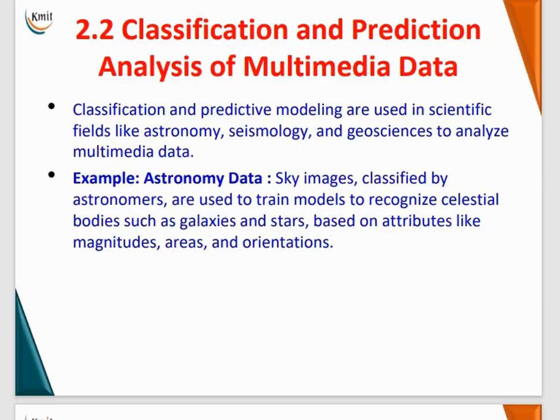Next is classification and prediction analysis of multimedia data. Classification and predictive modeling are used in scientific fields like astronomy, seismology, and geoscience to analyze multimedia data. For example, in astronomy data, sky images classified by astronomers are used to train models to recognize celestial bodies such as galaxies, stars, based on attributes like magnitude, area, and orientation.